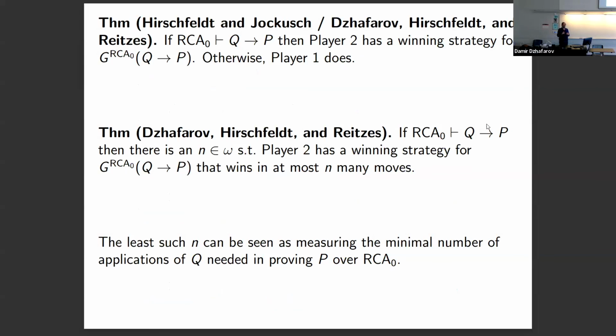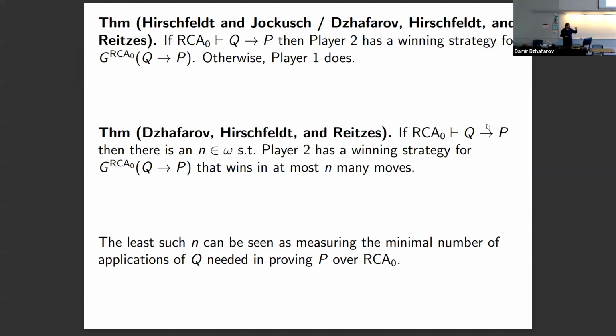And here we see a very big difference between the situation of omega models and this situation, which is that we have this compactness theorem that says that if player 2 has a winning strategy, that is, if RCA naught does in fact prove that Q implies P, then there's a fixed n such that player 2 has a winning strategy for the game that wins in at most n moves independent of the instance. So it is not possible to have a winning strategy that in some cases takes 7 moves, in some cases takes 8, in some cases takes 9, and that goes to infinity, right? You have to have a bound.